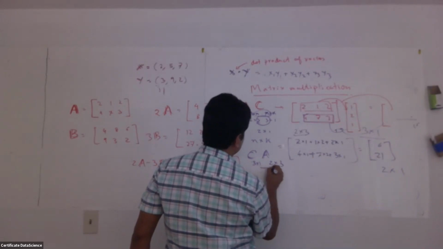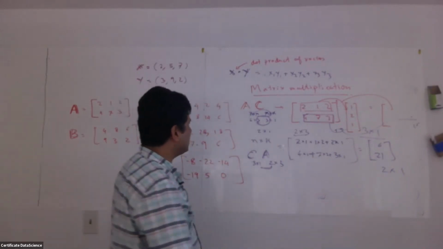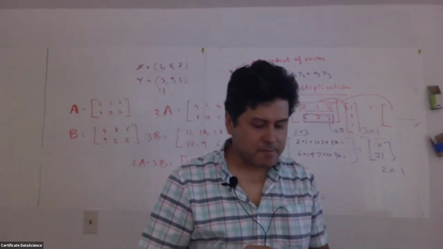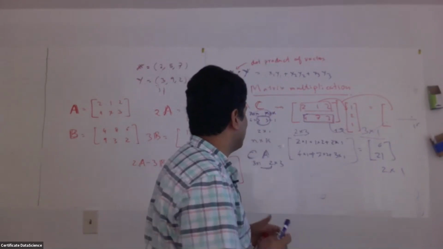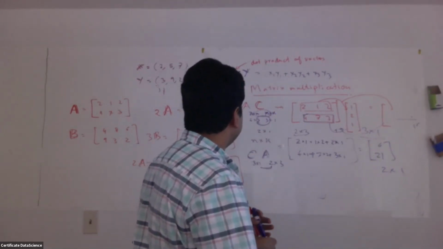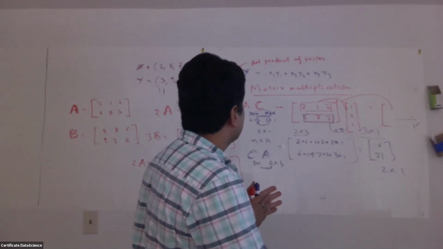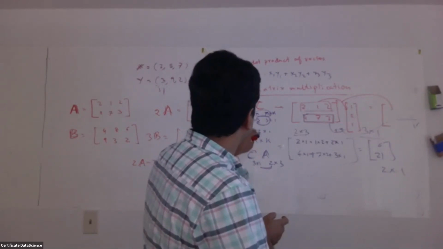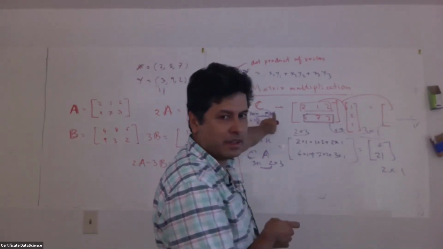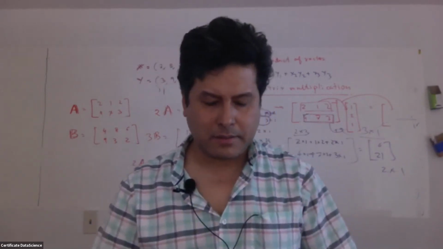These do not match. So you cannot multiply. That means they are not compatible. So this is a rule about matrix multiplication. So that's how you have to see, are they compatible for multiplication? Then you can define this. Any questions on this?